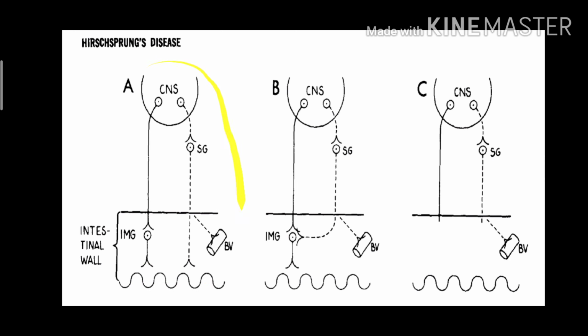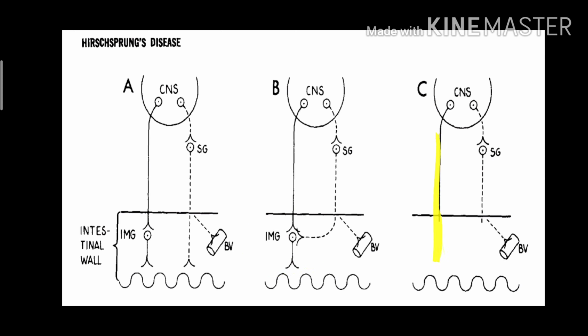But exactly the system does not work like this. There is a parasympathetic system and there is a sympathetic system, but there is communication between the sympathetic and parasympathetic systems in and around the ganglia and the blood vessels. So there is communication between them happening in the intramuscular ganglia. But what happens in Hirschsprung's disease?